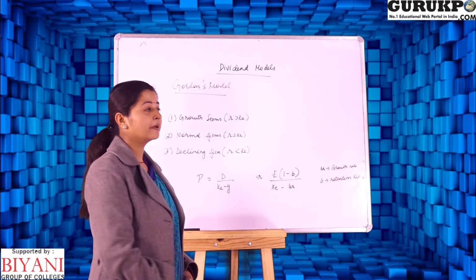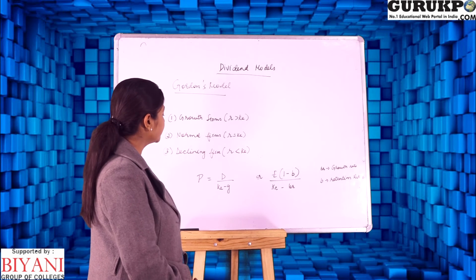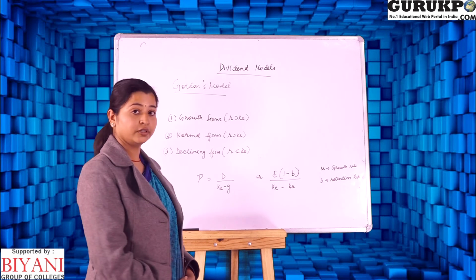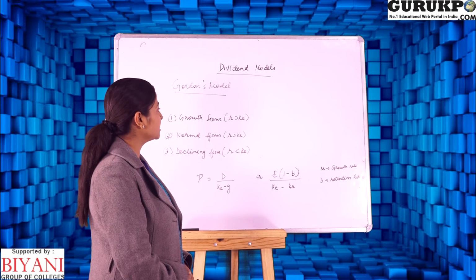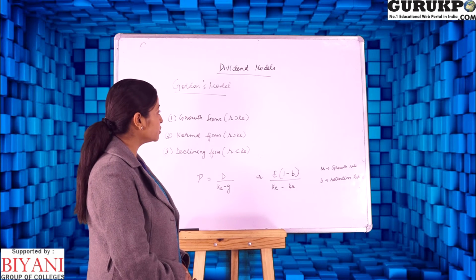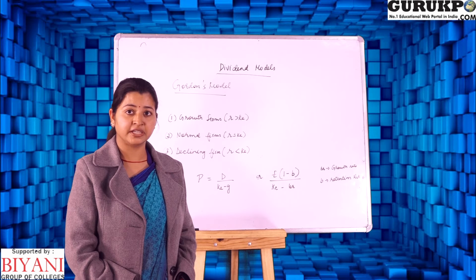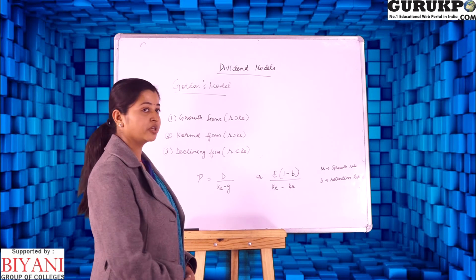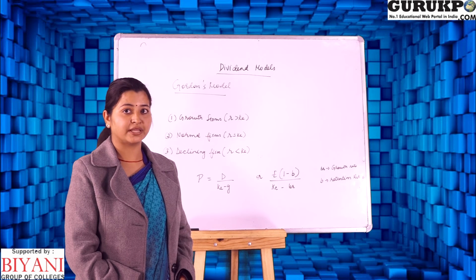Under this, the market value of the share decreases as the dividend payout ratio increases. So, the firm should give a smaller portion in the form of dividend and keep a major portion as retained earnings for future growth and investment.